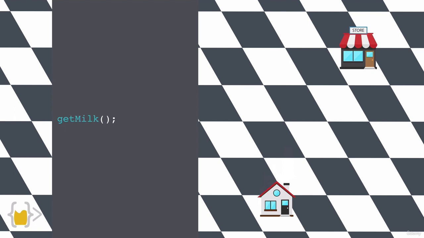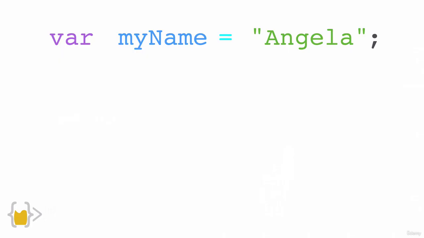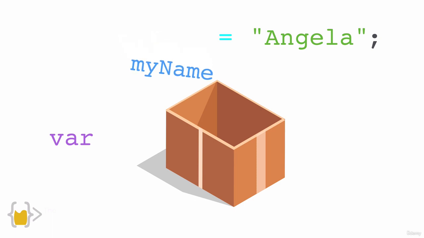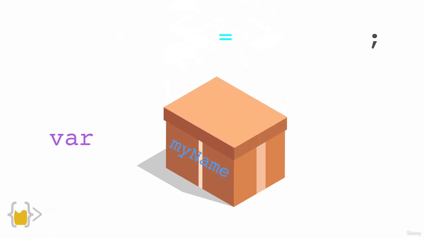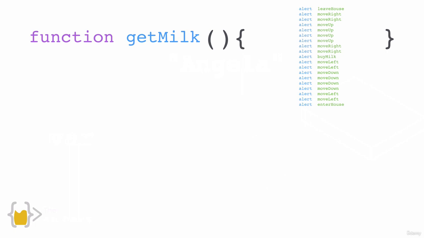That saves you a lot of typing, and that saves you a lot of repetition as well, keeping our code DRY, remember? Now, this is the structure of a variable. We use the var keyword to create a new container. The container gets a name, and then finally we get to put something inside the container. Well, functions work quite similarly.